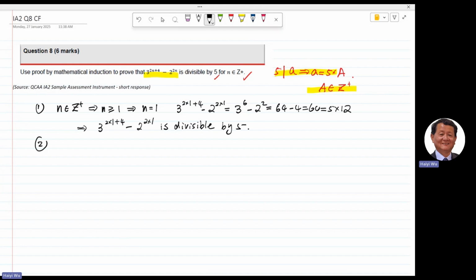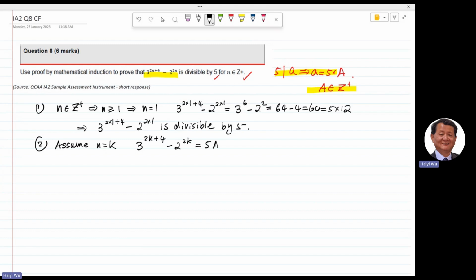Now the second step is the assumption. We assume that when n equals k, the statement is also true. That means 3 to the power of 2k, where we replace n with k, minus 2 to the power of 2k is divisible by 5.